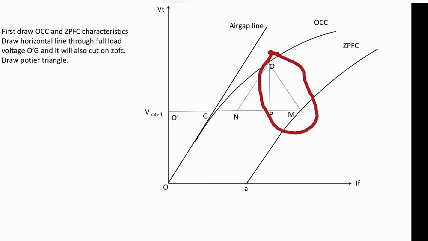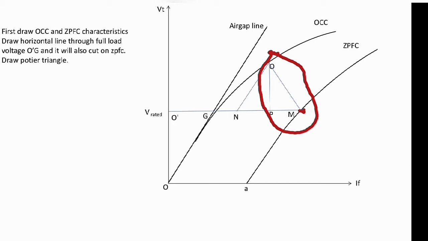So this is how we draw it. First we get the point M, then we cut MN equal to OA, and from point N we place a line parallel to the air gap line.